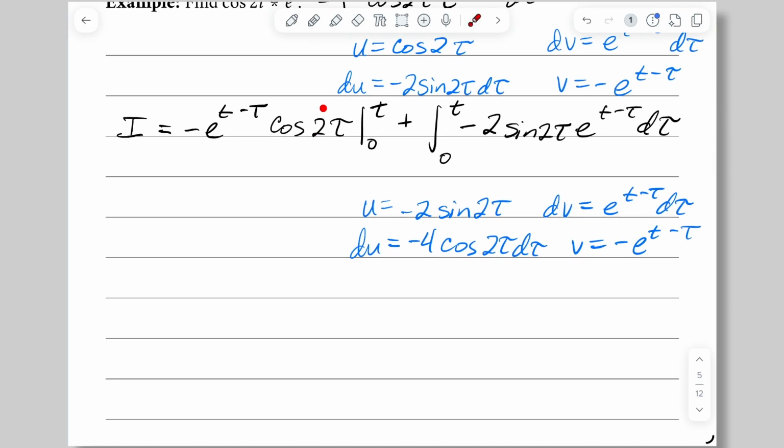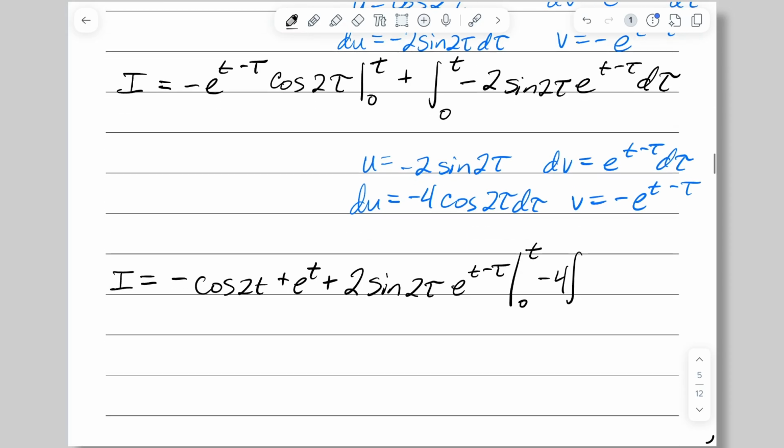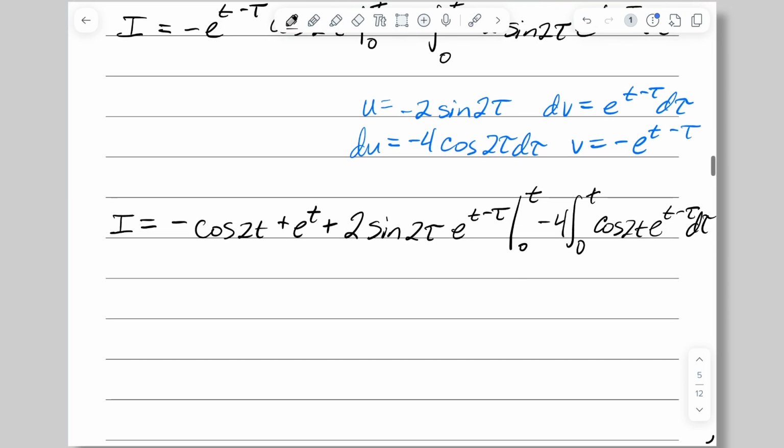And evaluating the first expression at its upper and lower limits of integration is going to give us I equals negative cosine of 2t plus e to the t, and then from the integration by parts formula, plus 2 times the sine of 2 tau e to the t minus tau. That'll be evaluated from 0 to t, minus 4 times the integral from 0 to t of the cosine of 2 tau e to the t minus tau d tau, thereby repeating the integral that we started out with.